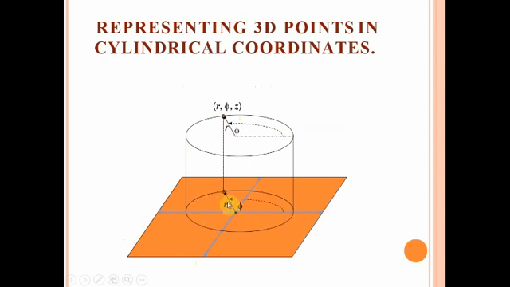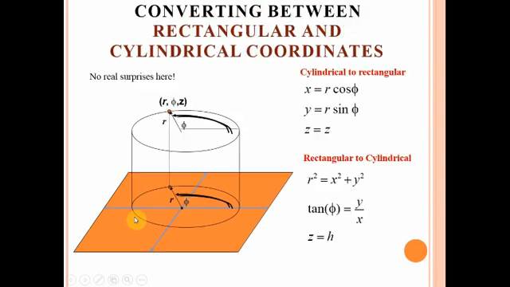There is an arm of length r which is rotating and creating this cylinder. This way we have three parameters, r, phi, and z.